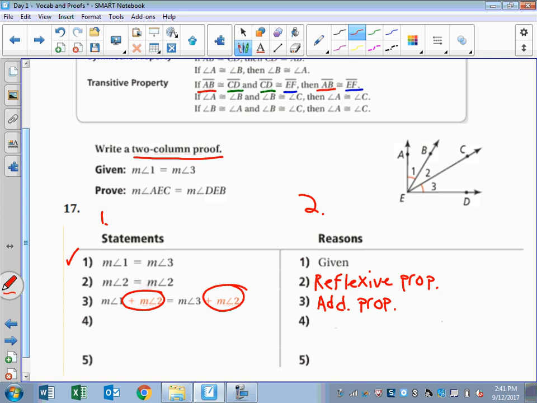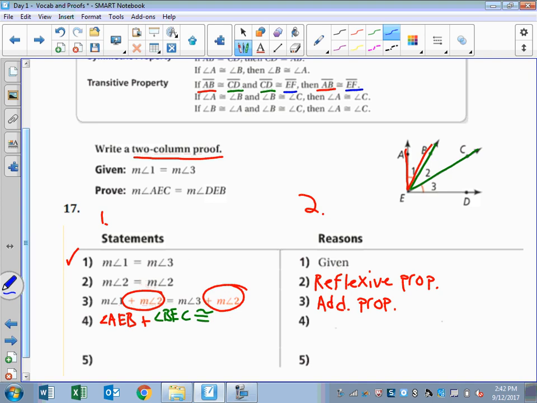Now we're going to look at the measure of the angles that they give us and actually plug in the names of the angles. So angle 1 is AEB, excuse me, angle AEB, plus the measure of angle 2. Well, angle 2 is BEC. So angle BEC is congruent to the measure of angle 3.